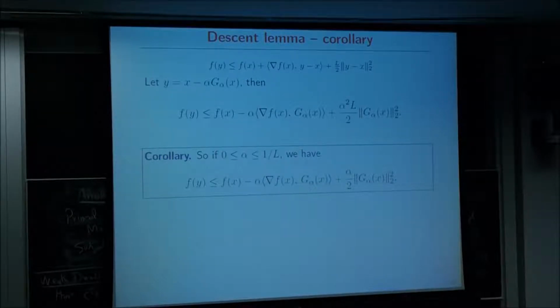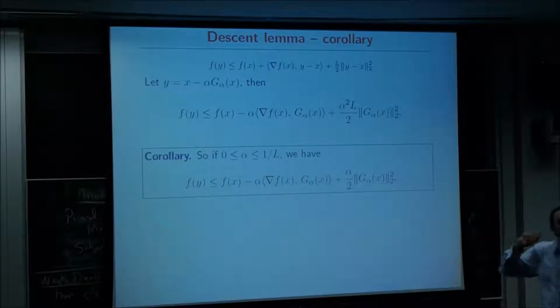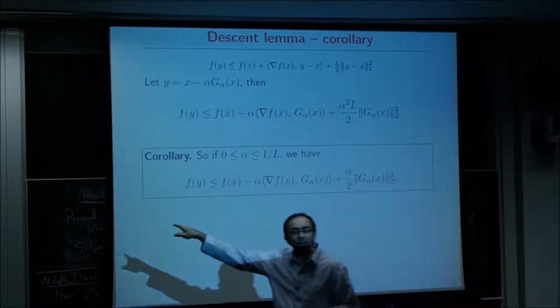So what you want to do is pull out of this a way to show that with a reasonable choice of alpha, after one iteration you can actually decrease the total objective function value. There's one slight thing to note here. This inequality is for f, whereas we are minimizing f plus h.